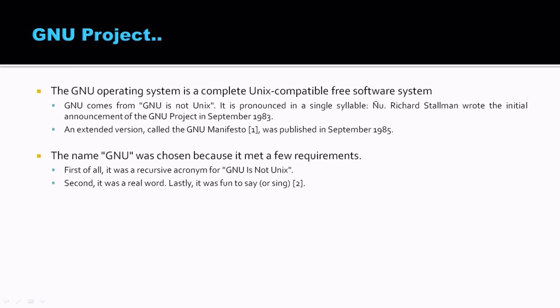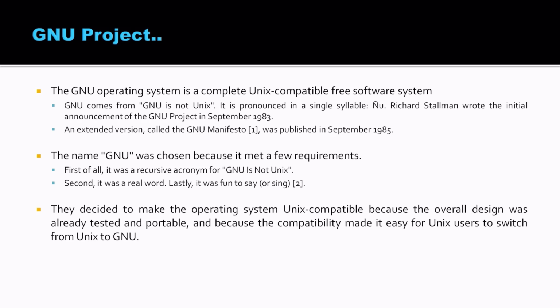The name GNU was chosen because it met a few requirements. First, it was a recursive acronym for "GNU's Not Unix." Second, it was a real word. Lastly, it was fun to say or sing. They decided to make the operating system Unix compatible because the overall design was already tested and portable, and because compatibility made it easy for Unix users to switch from Unix to GNU.